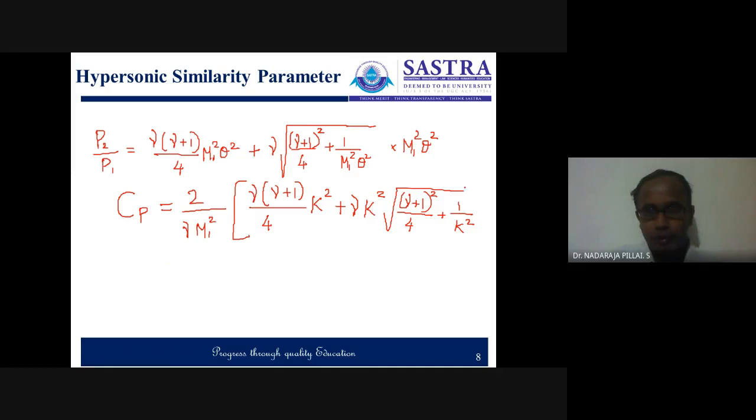This k square is M1 square theta square. But always please remember, we have an assumption here that M1 is very much greater, so we have neglected some parameters, and the angle theta is so small, right?